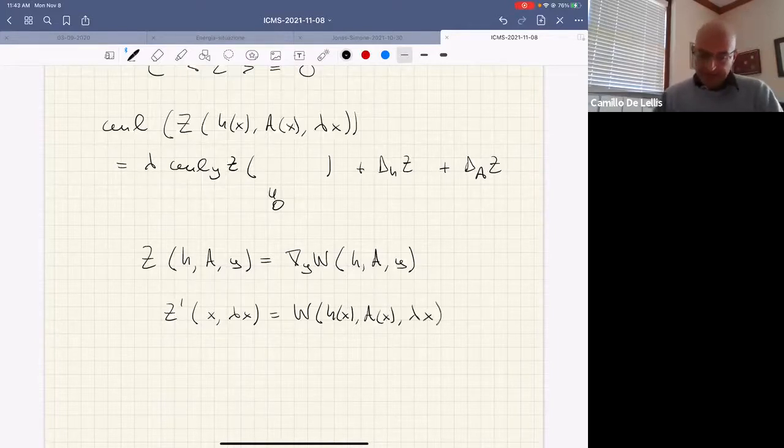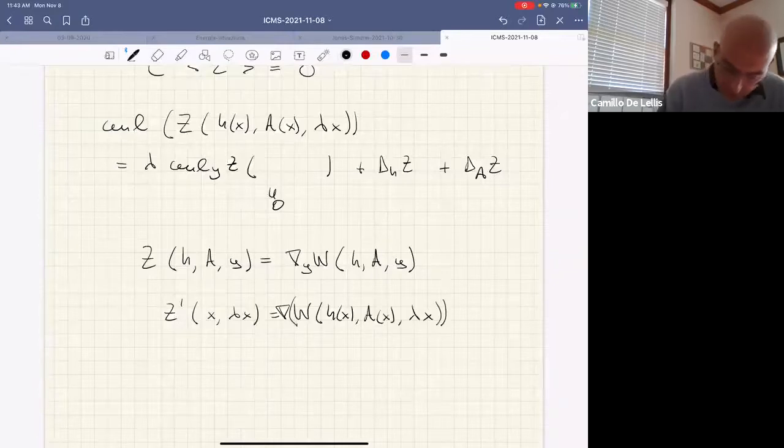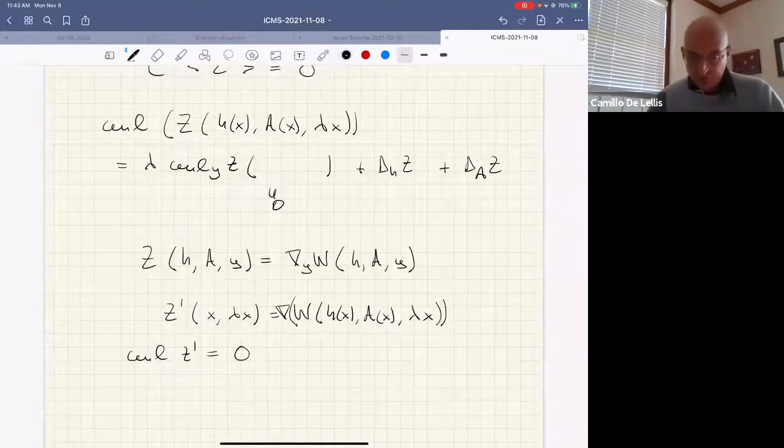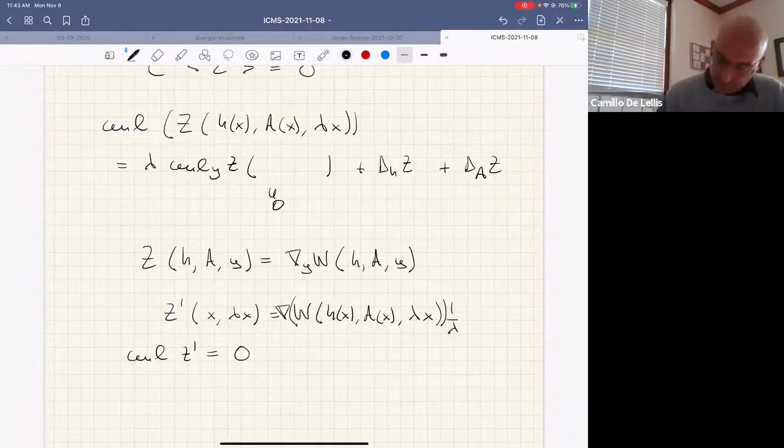Okay. And now you will notice immediately that the curl of this Z prime, which is going to be like the gradient of this, is equal to 0. And you also notice that the difference between Z and Z prime, where I have to put a 1 over lambda, is going to have this 1 over lambda feature popping in front of things.